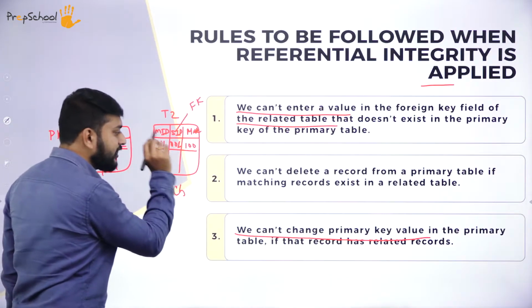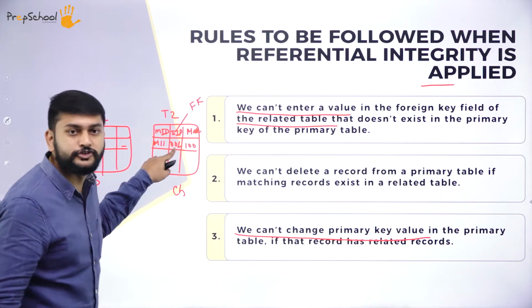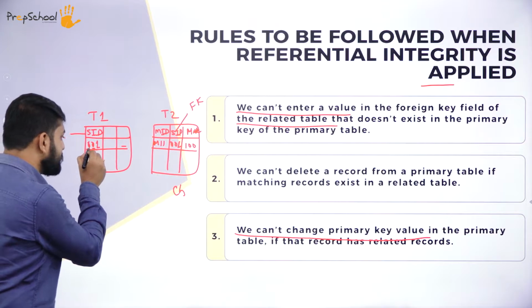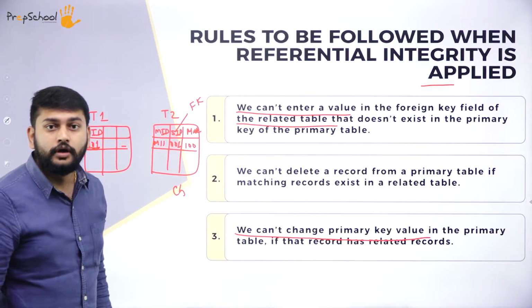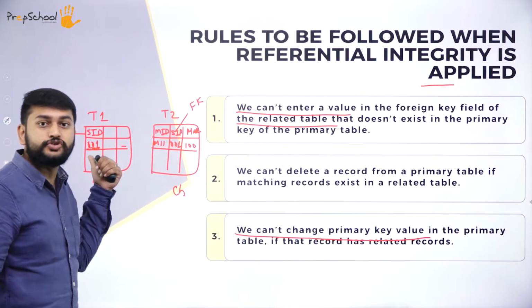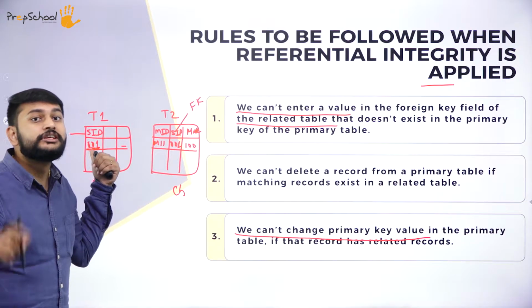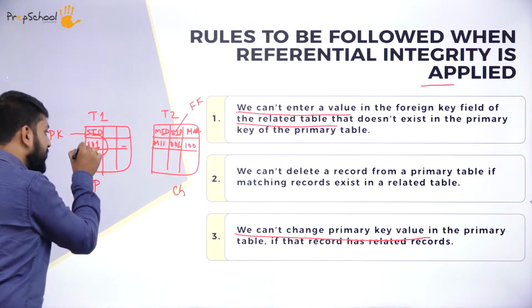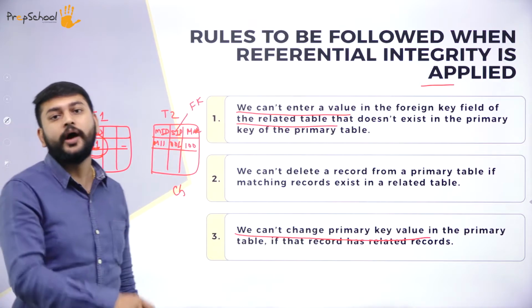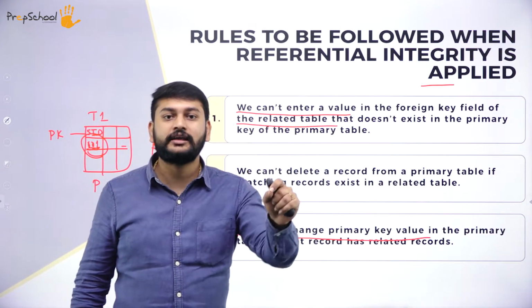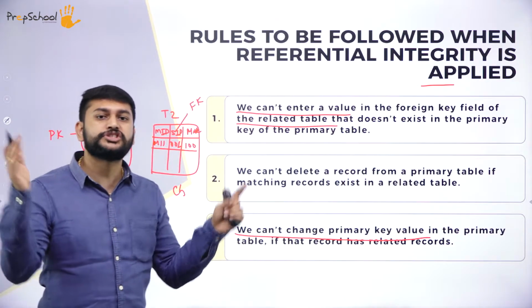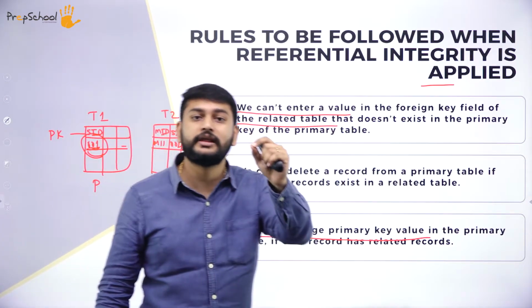Keeping this, I have entered this record also, so here also I have stored 001. After storing this, I wanted to change this primary key value. What will happen to this if I change only this? This is not allowed. I am not supposed to change this primary key value once you have entered the data for the related table. That is not possible. You cannot change the values in the primary key.